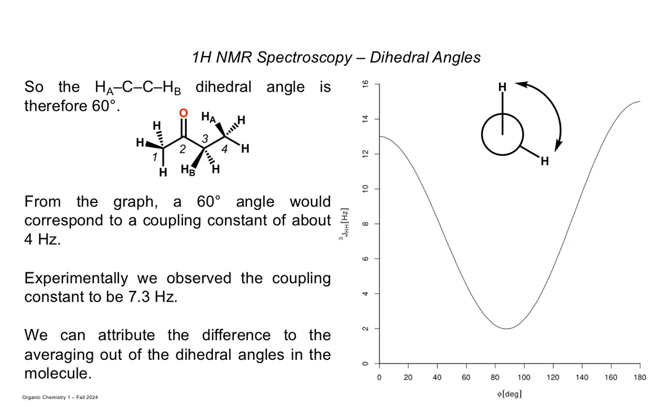So if the dihedral angle we figured out was 60 degrees, again, you're getting a lower value of 4 hertz, but experimentally we observe it as 7.3, and that's because this bond is constantly rotating, and so among all of those different rotational angles, you're getting an average coupling. And so the average CSP3 J value is approximately 7 hertz.